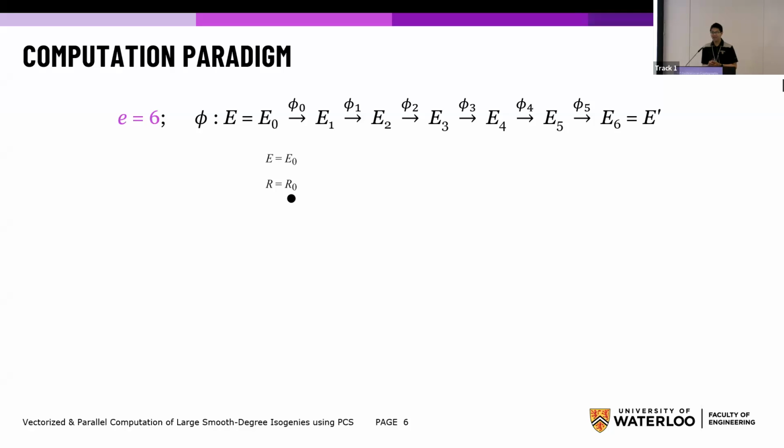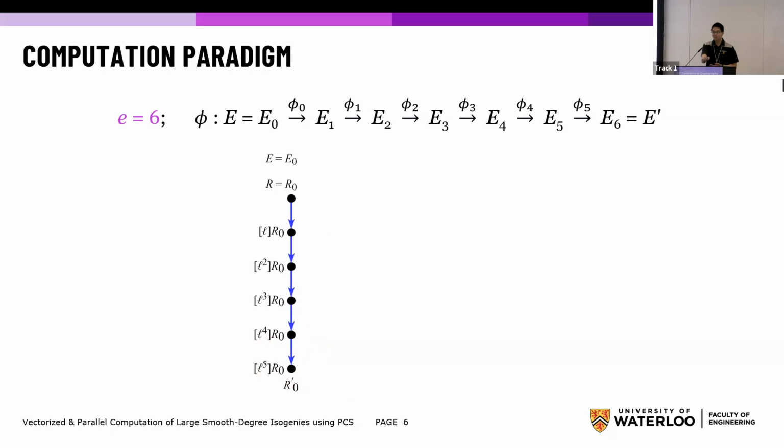For a clearer picture, I will give you a concrete example of how this works. We will look at an example when e is 6. First we have this input curve E, or E0, and the input point R, or R0, on E. The first thing we do is perform scalar multiplications on R0, e minus 1, or 5, times in this example, and we obtain this new point R0 prime.